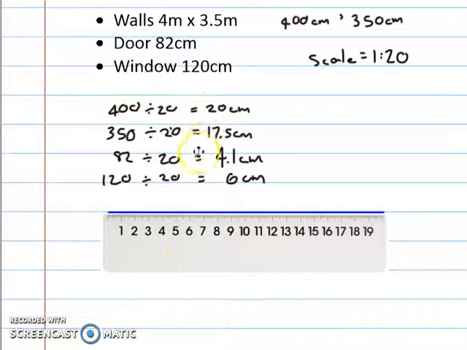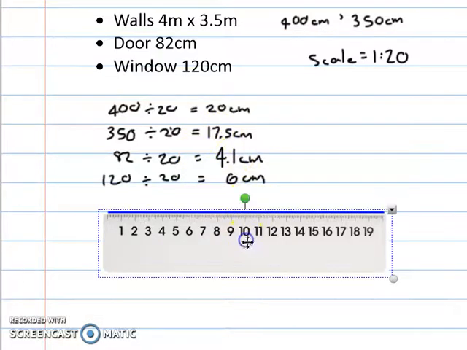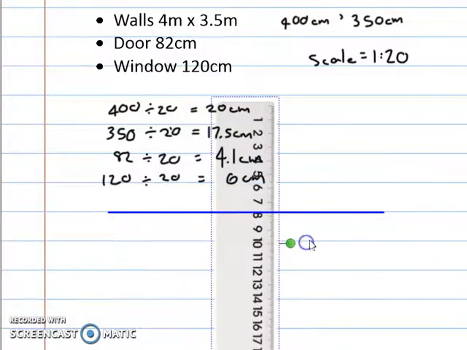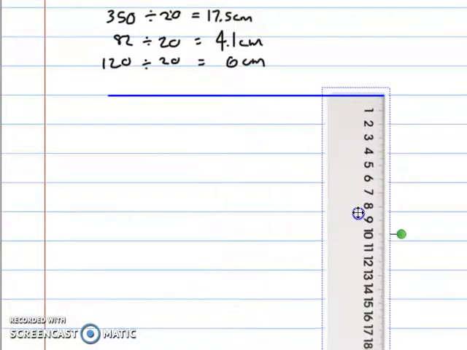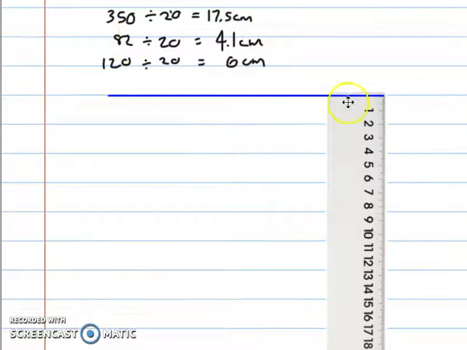And then the other wall is 17.5. So we're just going to turn our calculator around and we're going to measure 17.5 centimeters.